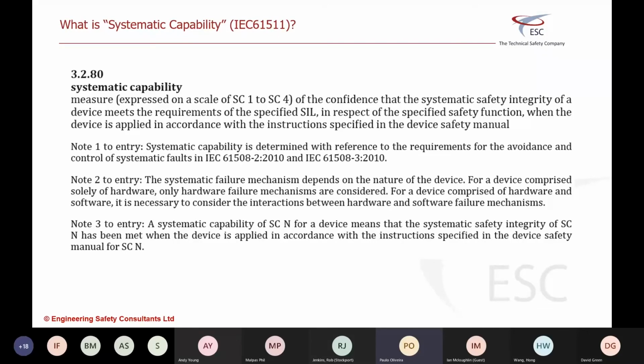And it pretty much says the same as 61508, apart from the reference to the device safety manual. 61511 deals with integrated systems. So what they're saying is, if the device is compliant with 61508, there's a safety manual. It should tell you what you need to do to maintain that capability, plus the other stuff you need to do when you integrate things together.